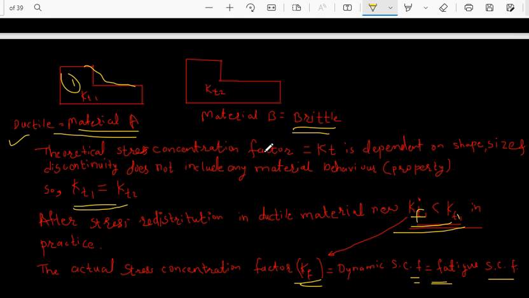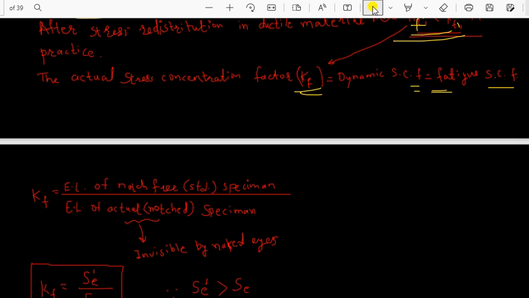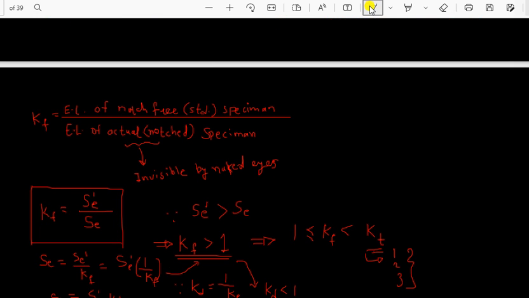So now we will discuss some formulae related to this and failure theory. Here you can see KF is defined, and the formula for it is SE dash divided by SE. What is SE dash?